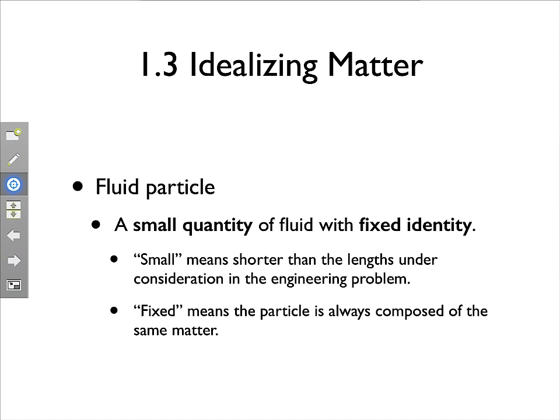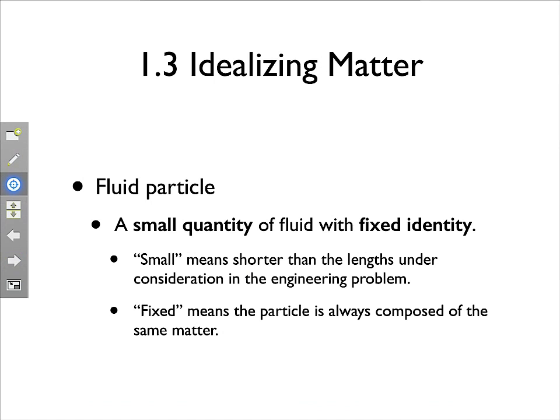What do we mean by fixed identity? Fixed identity means that the particle is always composed of the same matter. So if we track this little 1 centimeter cube within this irrigation channel, we can always follow that particle and it's never losing mass or gaining mass.